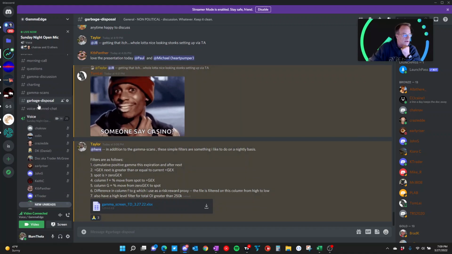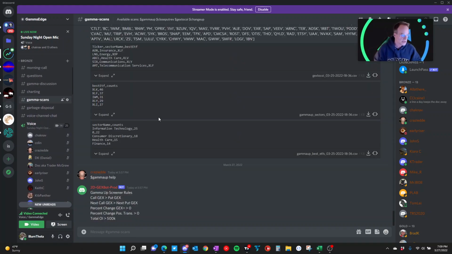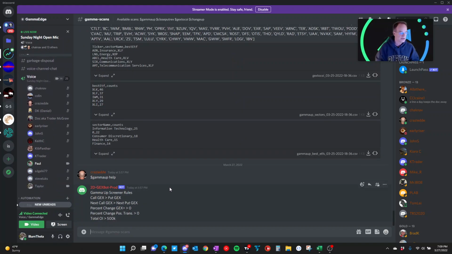Right. Yeah. So the scanner basically gives you the best of the best, in the context that you don't have to use the spreadsheet. You can just go to these pre-canned scans. What is different here is that through our partnership with EdgeRater, we've proven that there's an edge in the scans.